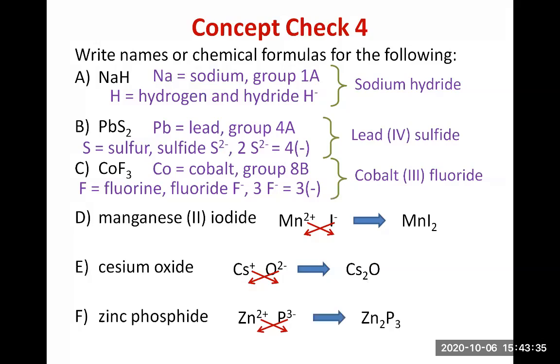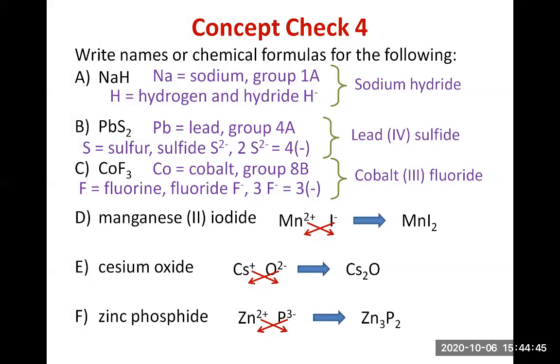And so the formula is Zn3P2. Let me correct that. So the formula for zinc phosphide is Zn3P2, right? We crisscross the charges and they become subscripts for the other element.